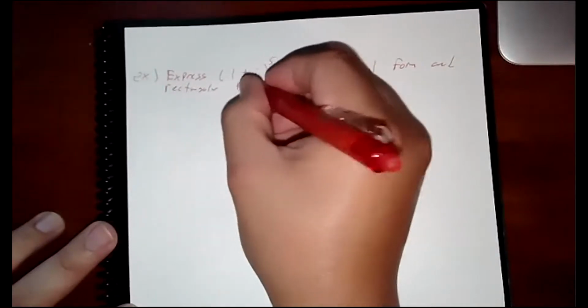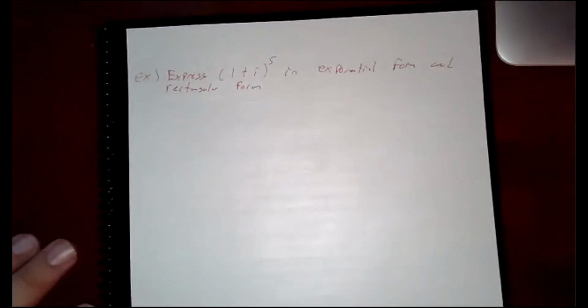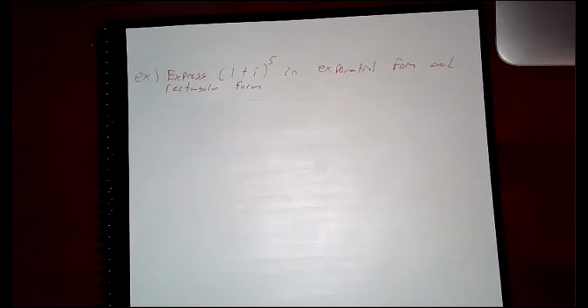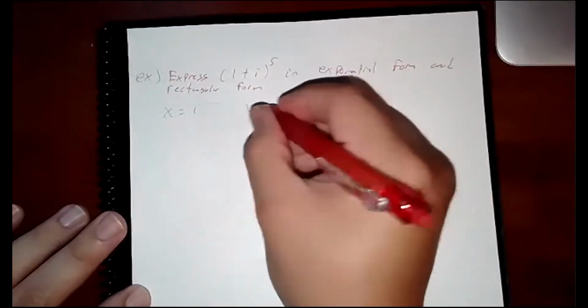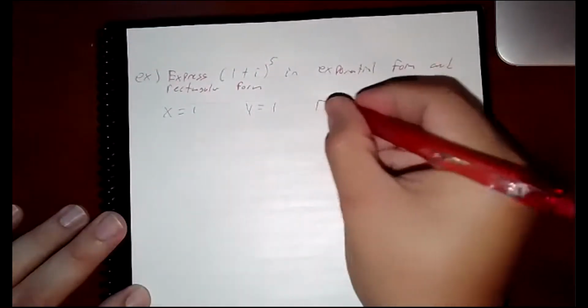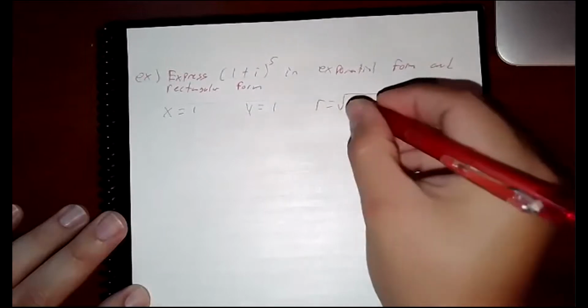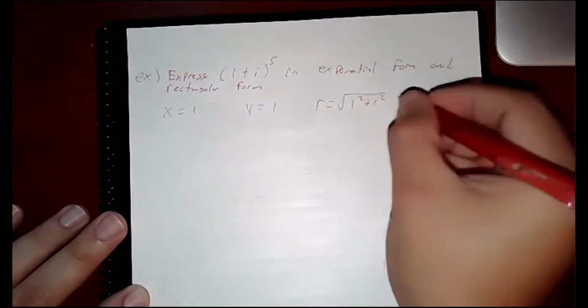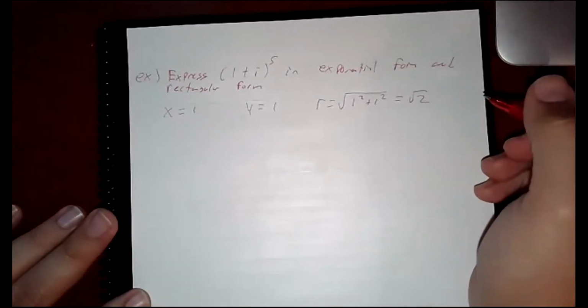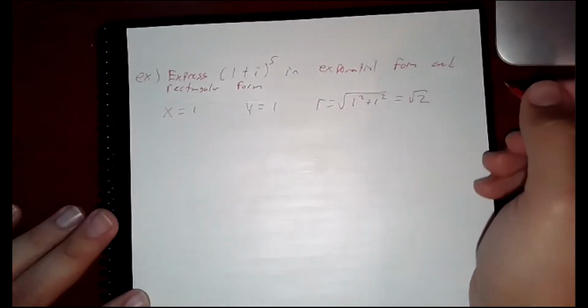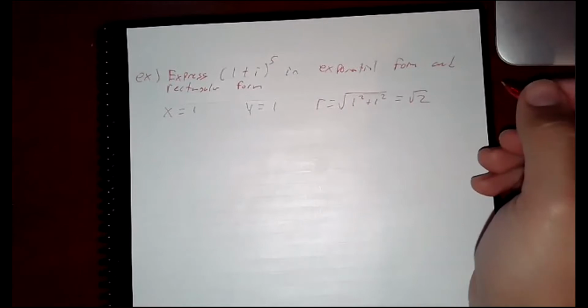All right. So when I give it to you in this form, you have to solve for r. So currently we have x equal to 1 and y equal to 1, which means that r is equal to the square root of 1 squared plus 1 squared, root 2, right? We got that. So now we can convert.